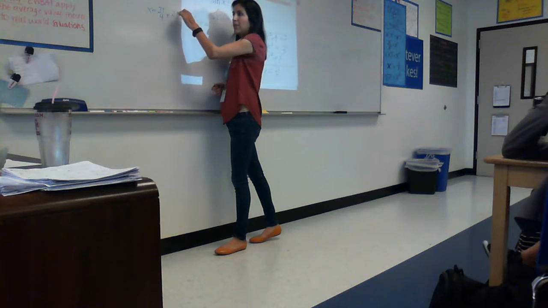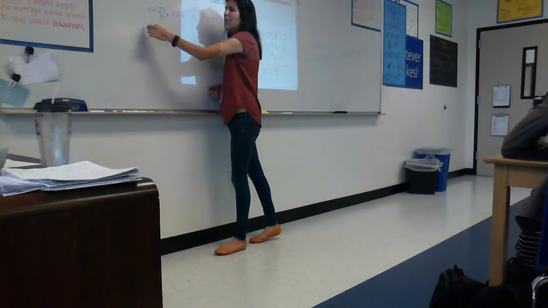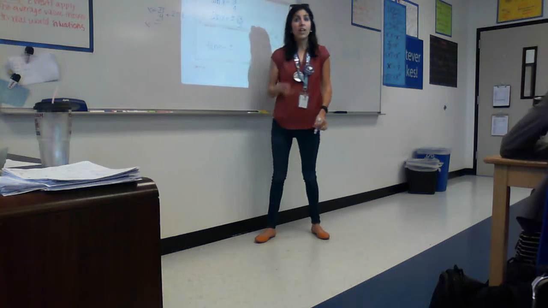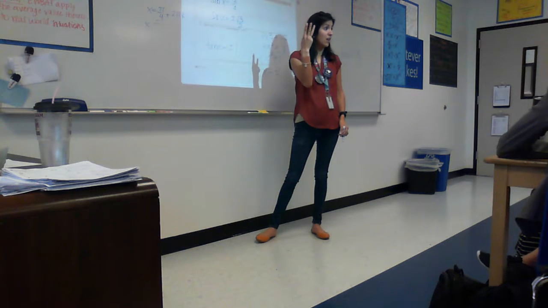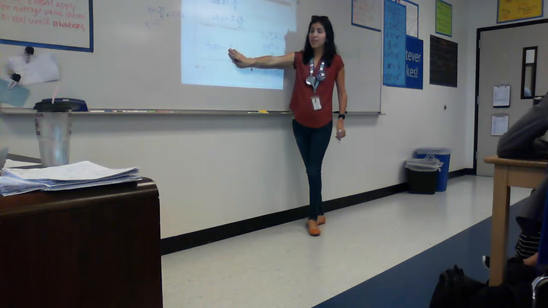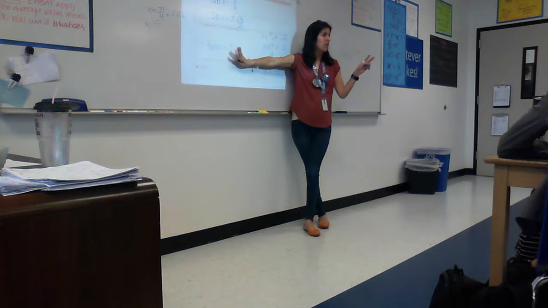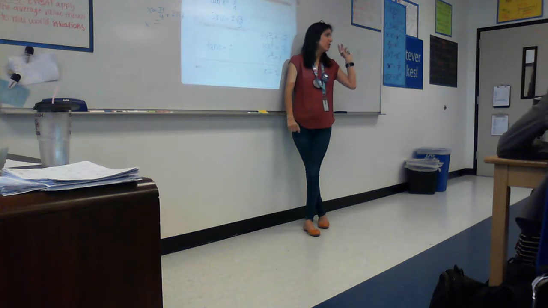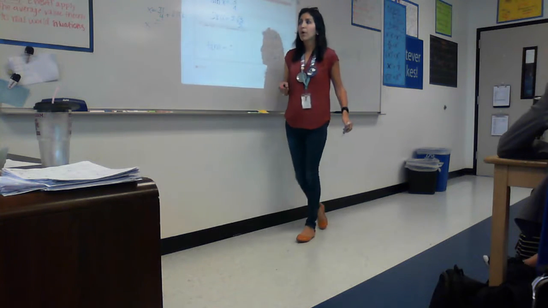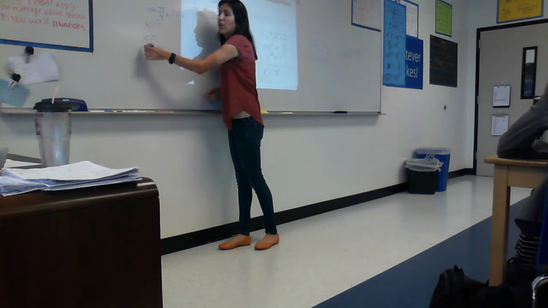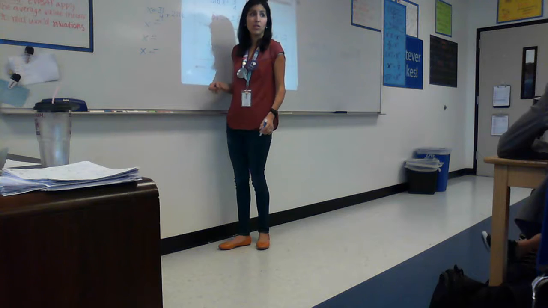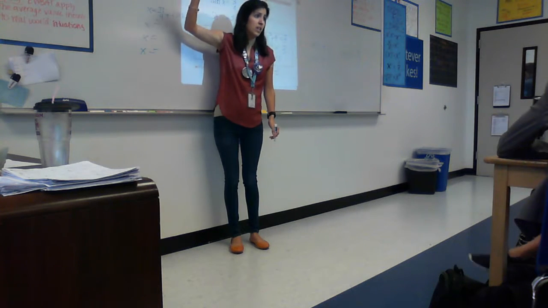Plus 2 pi k, if you want to be writing that down. How many other answers am I going to have? Alan says 3. If I just had positive things, I would have 2 answers. If I just had negative things, I would have 2 answers. Here I want both, so I need 4 total answers. Which means basically I'm going to be in every single quadrant.